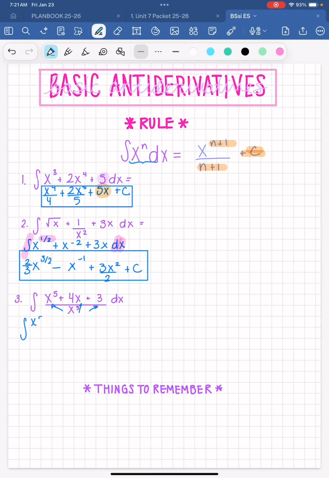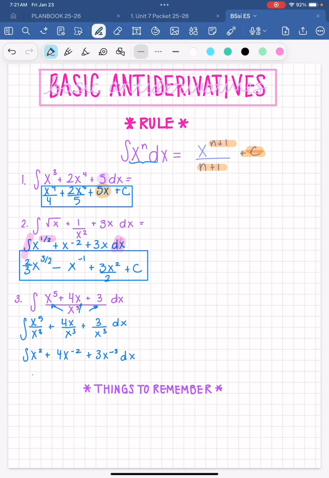So it's going to be x to the 5th over x cubed plus 4x over x cubed plus 3 over x cubed. Then we're going to simplify it, same base, subtract the power, so this is going to become x squared. This is going to become 4x to the negative 2, and then I'm going to bring this one up and it's going to become 3x to the negative 3.